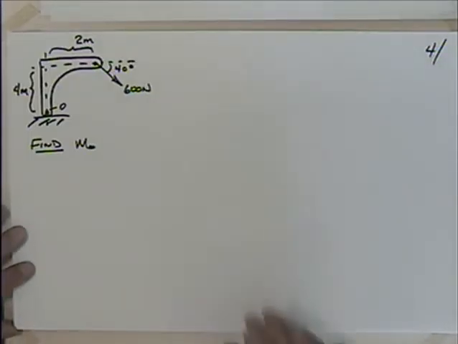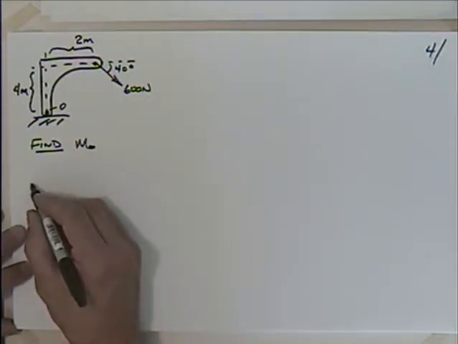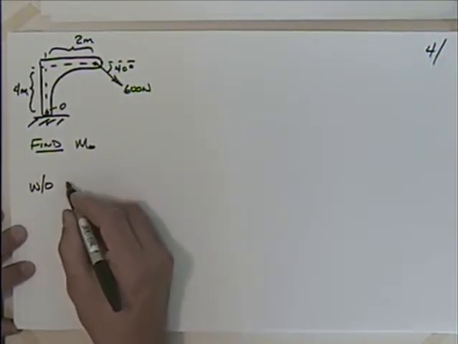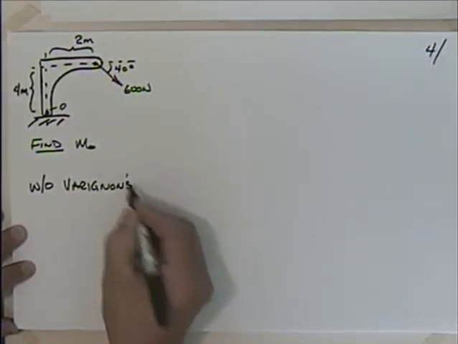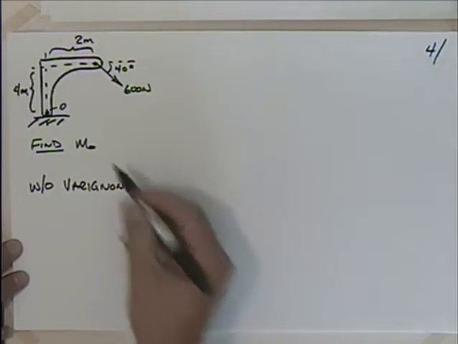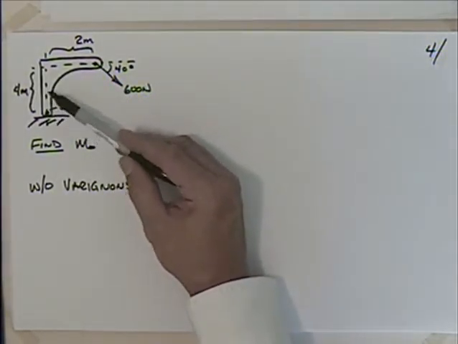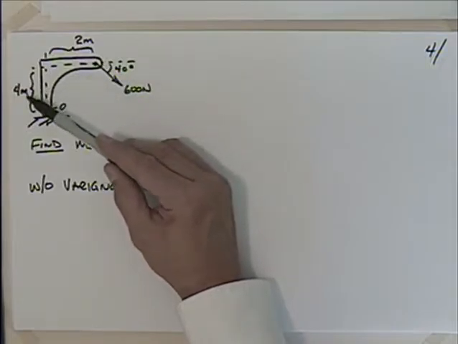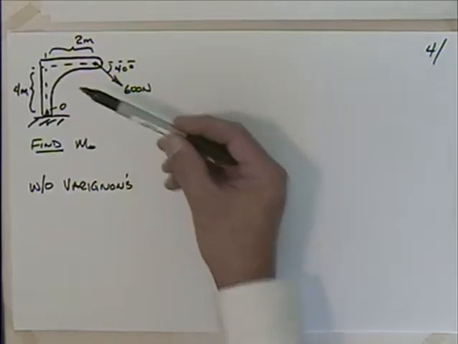Well, there's a couple ways that we can do this. We can do it without Varignon's theorem. So let me try that without Varignon's. So that would look like, I'll draw this, and this could be really any, if you're a mechanical engineer, it might be some sort of a bracket, although it'd be a big one with 4 meters, a little over 12 feet, or a structural piece if you're a civil engineer.